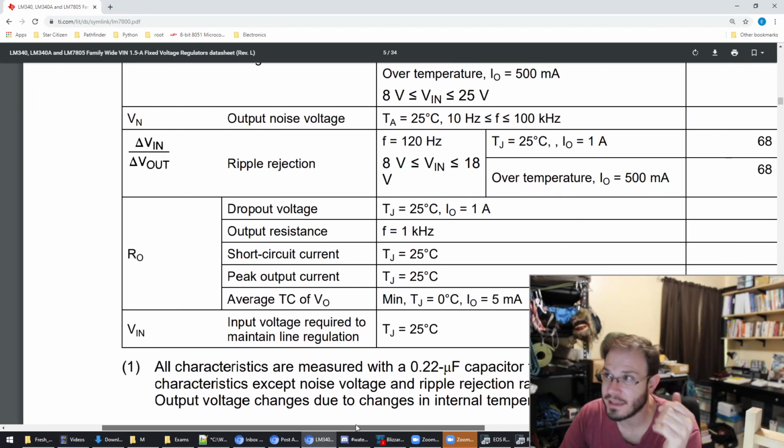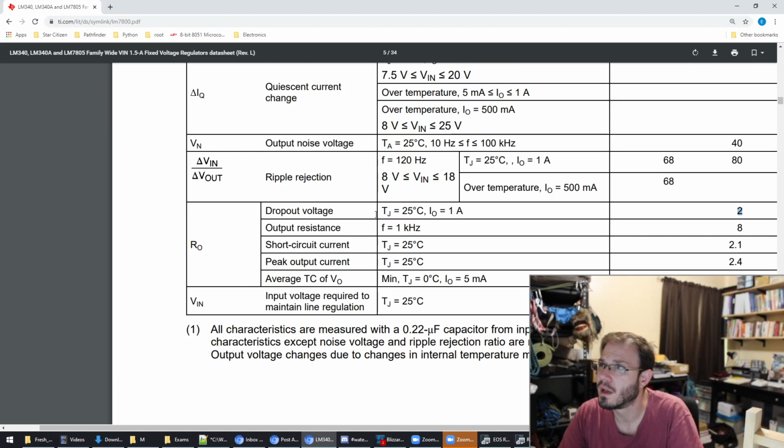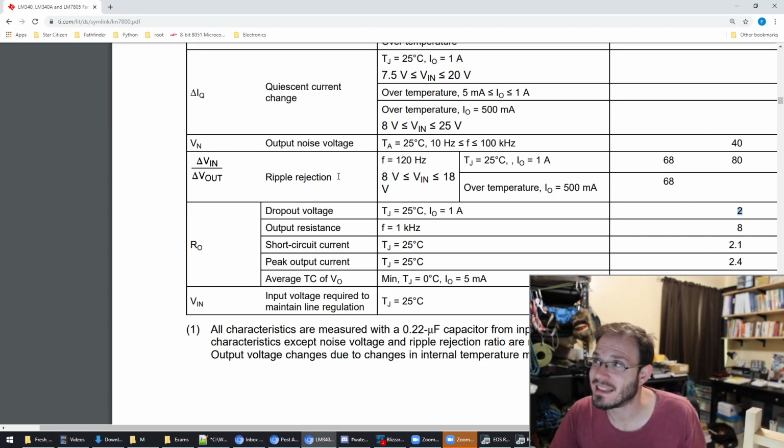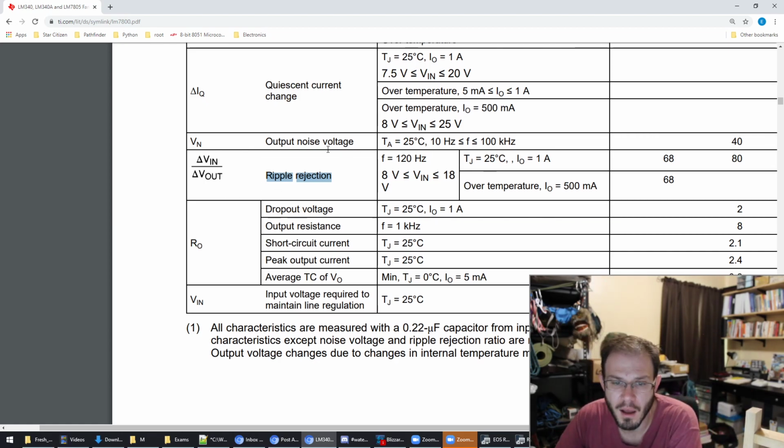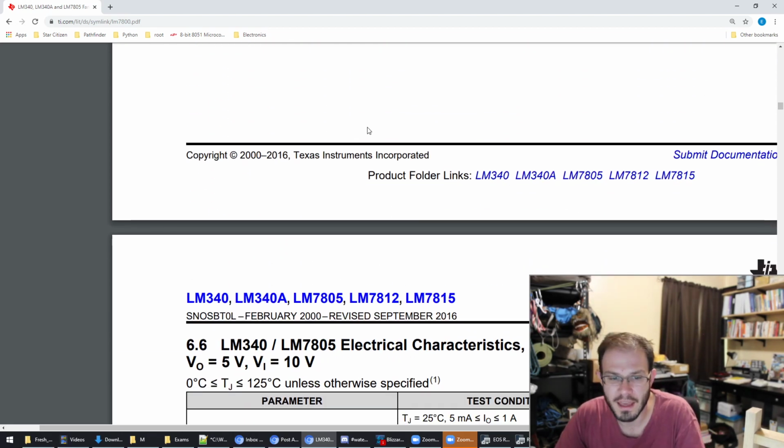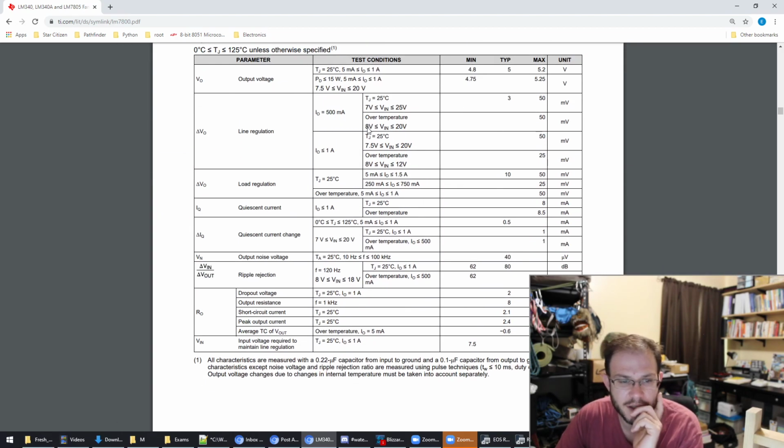There's some other things that we could look at, like the ripple rejection. So this tells you actually how much of that ripple voltage you can get rid of and your device can actually reject. So there's a lot more stuff that is in these data sheets.